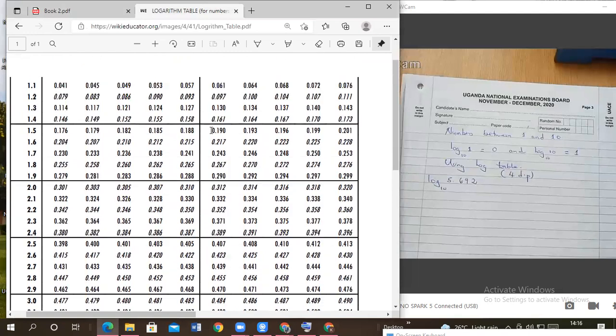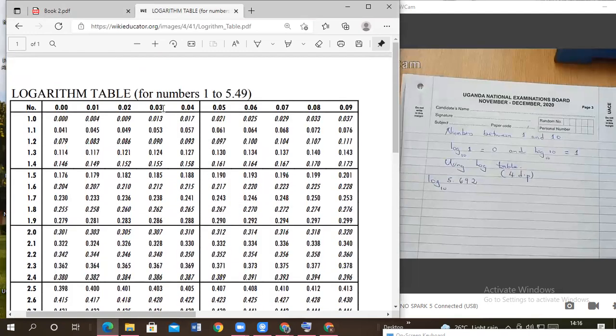Now, let me take you to my log table here. Are you seeing my log table? This is for numbers between 1 and 5.4.